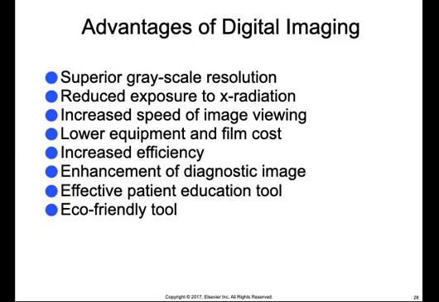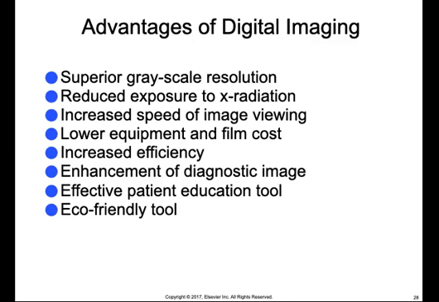Digital radiography uses up to 256 shades of gray compared with the 16 to 25 shades of gray differentiated on a conventional film. The ability to manipulate the density and contrast of the image without additional exposure to the patient is also an advantage.